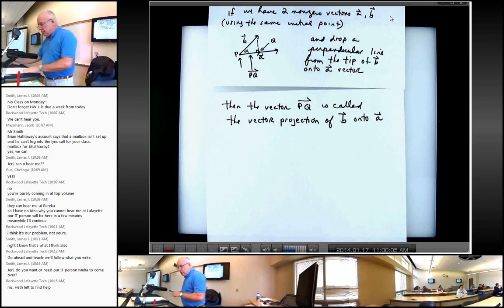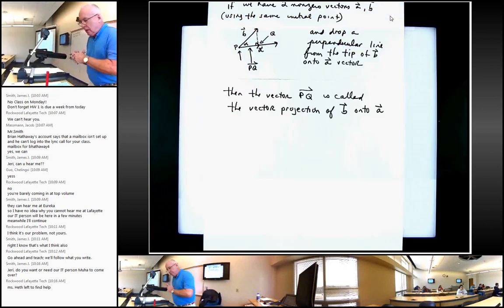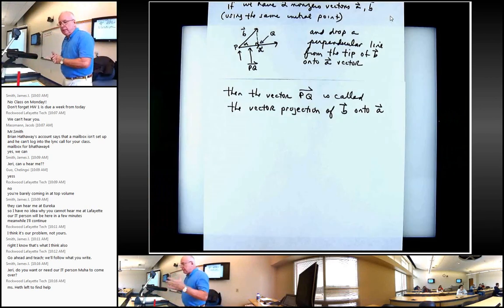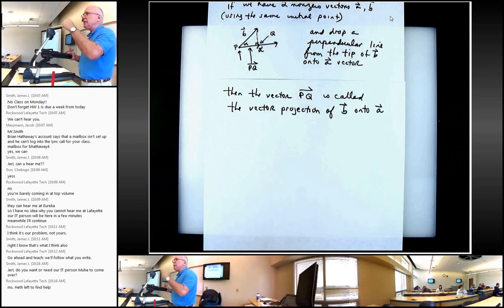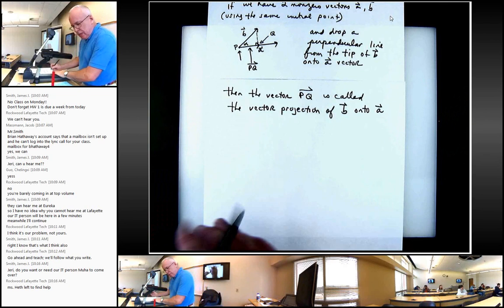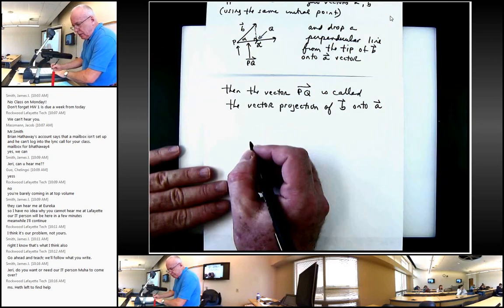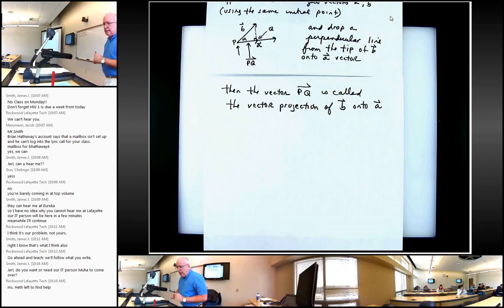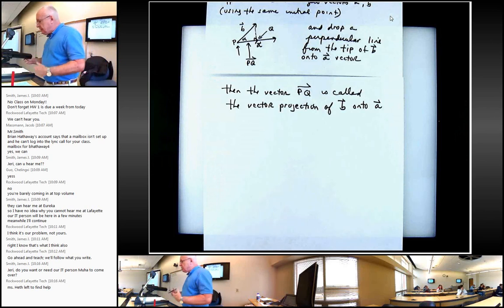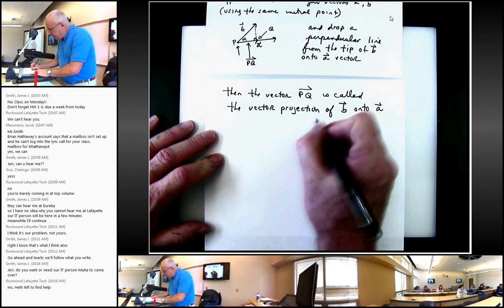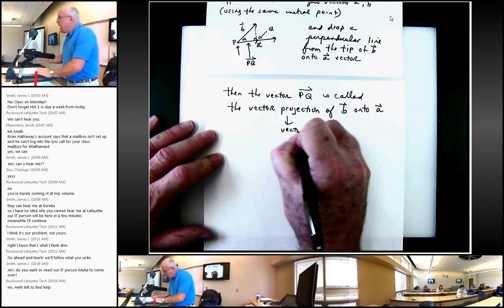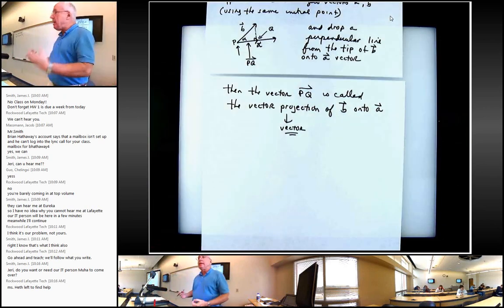So let's get some formulas down here for this. Let's get the formulas and then take a break. Now, this vector projection is a vector, and because it's a vector, it has magnitude.